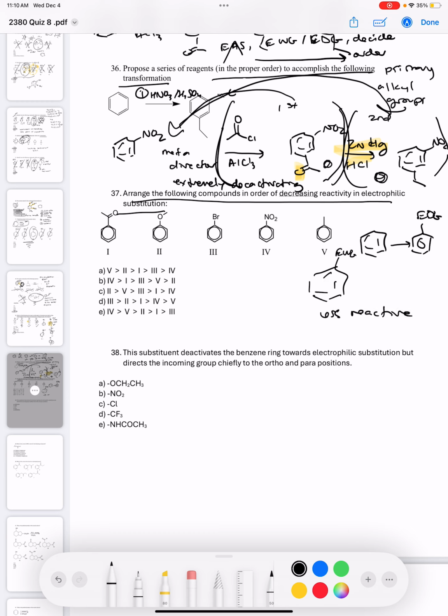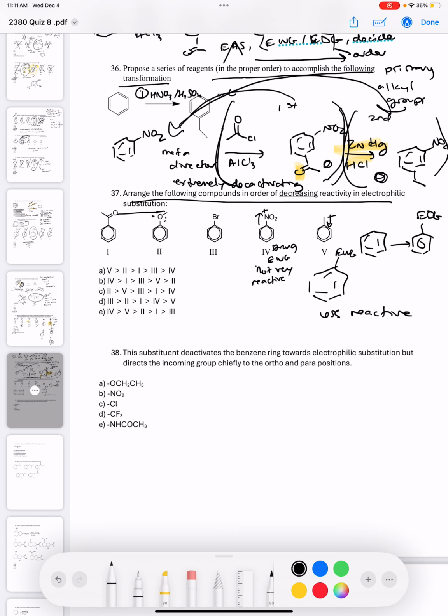So I give you a list of things that you should know and the relative reactivity of them, but if you can remember, for example, nitro has a positive charge, so this is a strong electron withdrawing group. So that means this is not very reactive. It could react a little, but it's not very.